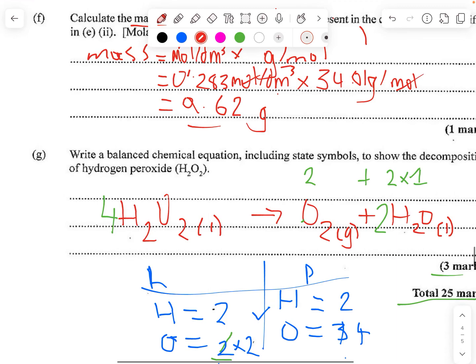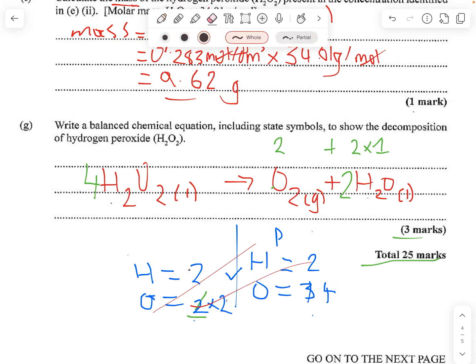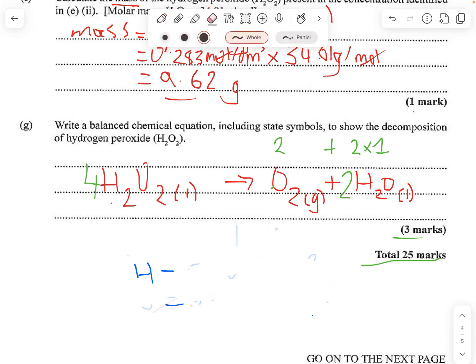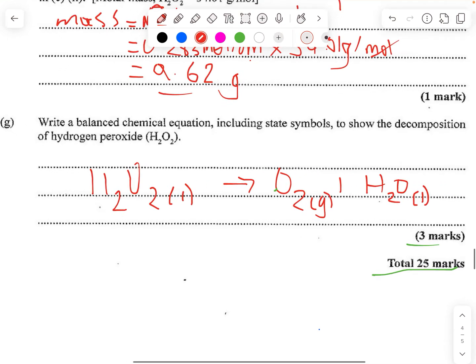Now for the balancing, and let me just erase here. So for the balancing of the equation, I would have written the reactants and the products already, and I wrote my state symbols.